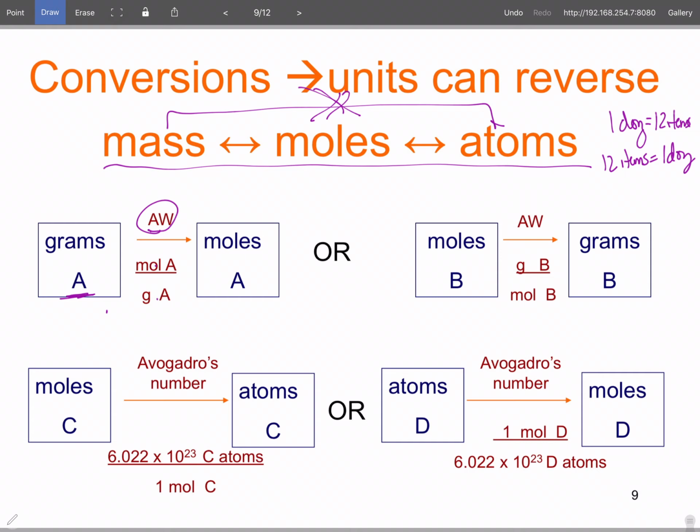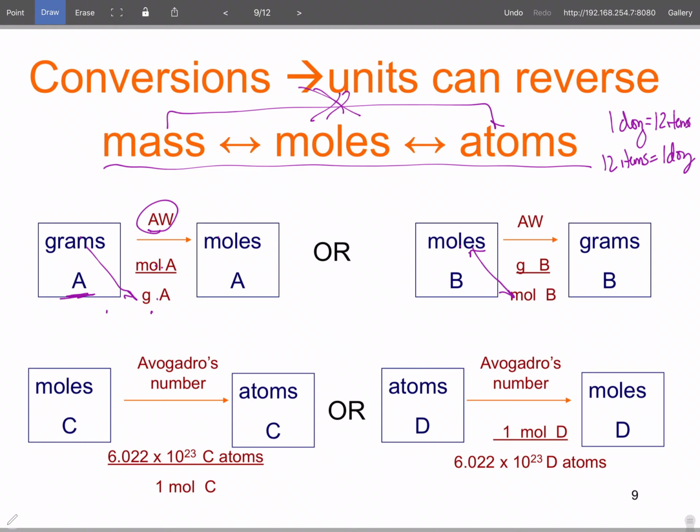So for example, to go from grams to moles, we use the atomic weight with the grams on the bottom because we're canceling units. Here we need to cancel our moles, so we're going to put the moles on the bottom and the grams on the top. That'll allow us to get from moles to grams.